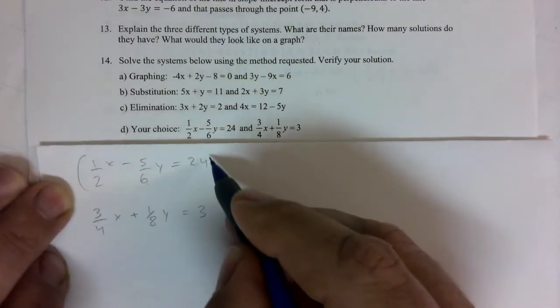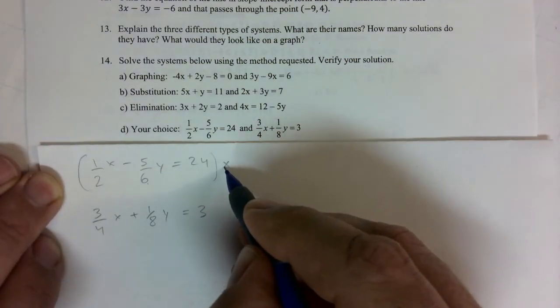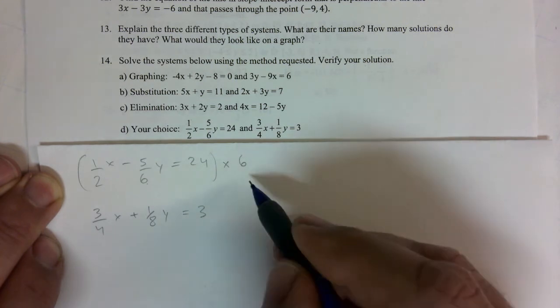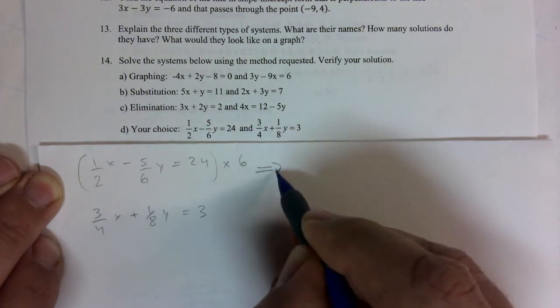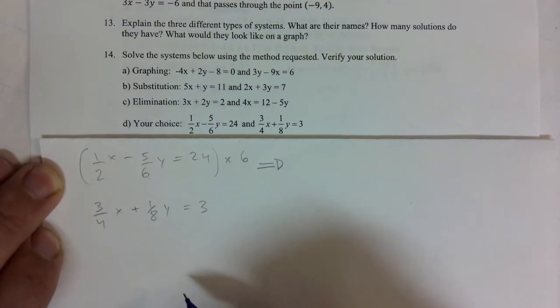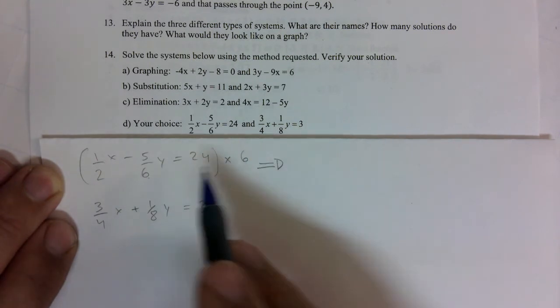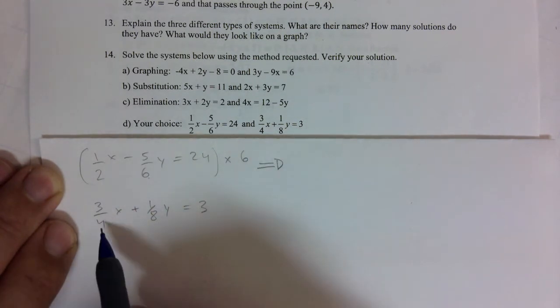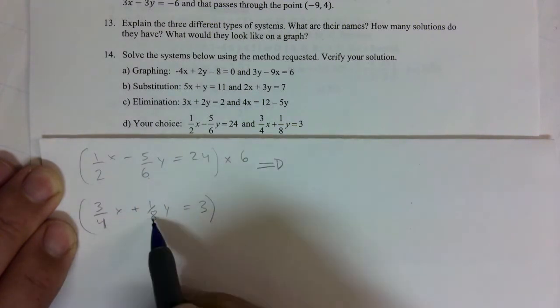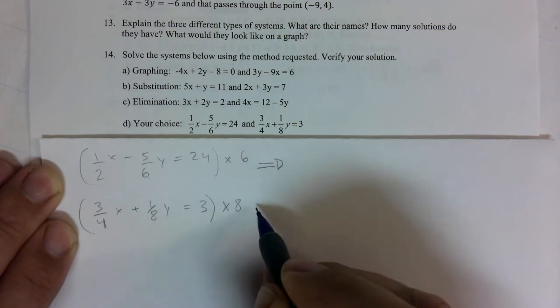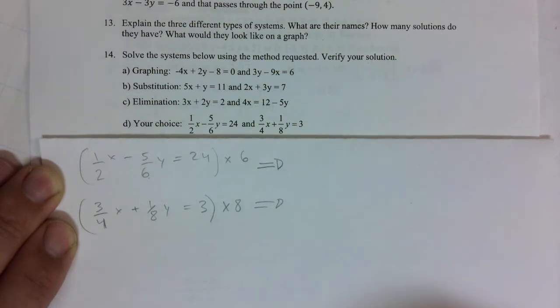So I'm going to multiply that by 6, and that's going to get me an equation that is easier to work with. Still going to be the same line, just a different equation. And then this one, the lowest common multiple is 8. So I'm going to go times 8.